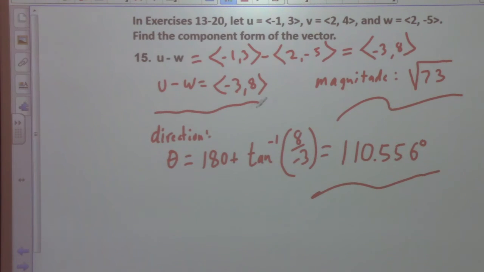Okay, so we got the vector in component form, magnitude, and direction. Questions on that one? Okay, go ahead and work out number 16. I'll call on somebody very shortly.